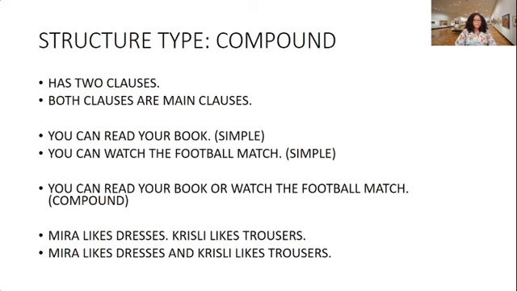For example, you can read your book. That makes complete sense. That's a single clause sentence. You can watch the football match. That's also a full sentence, a simple sentence. But you could choose to put them together using a coordinating conjunction and then have one sentence from those two. You can read your book or watch a football match. Now you have a compound sentence.